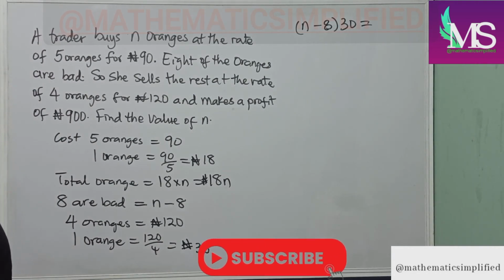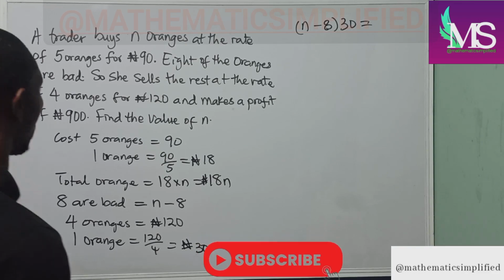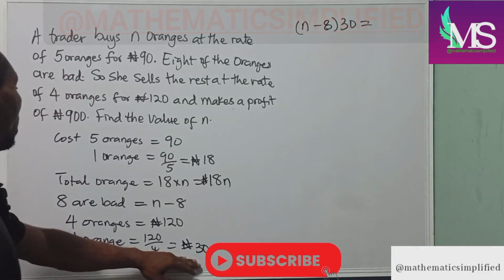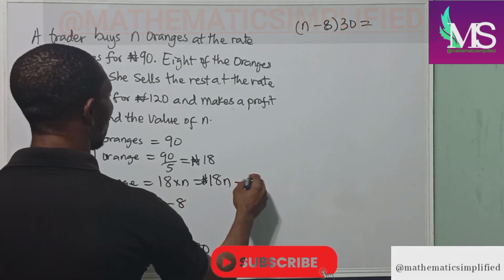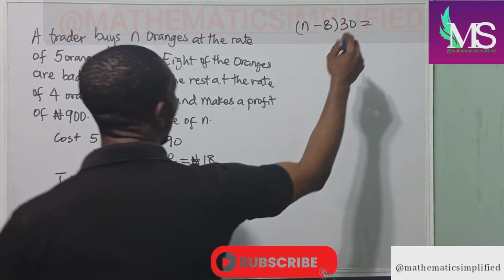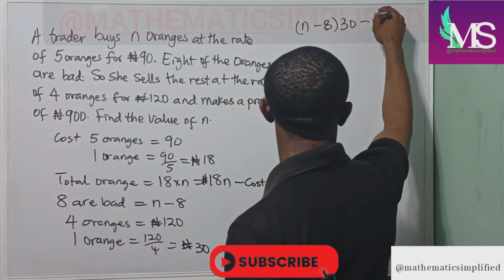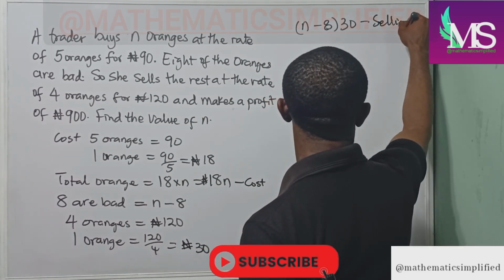Okay, so n minus 8 times 30 is our selling price, and this is our cost price.